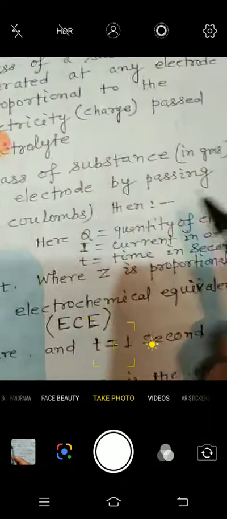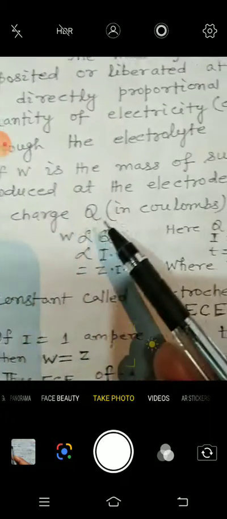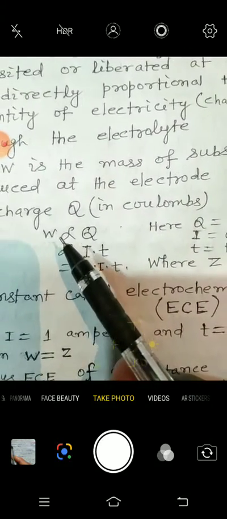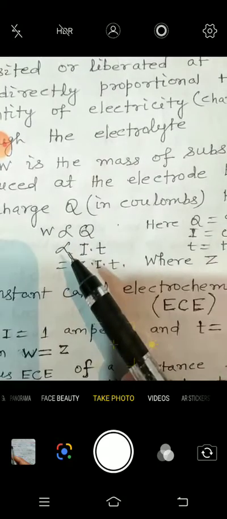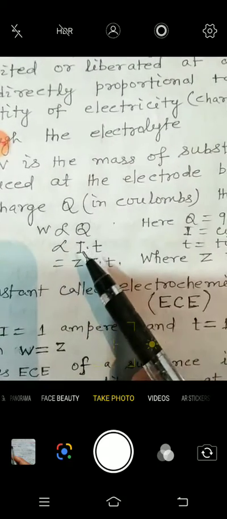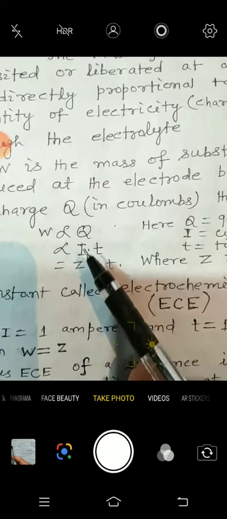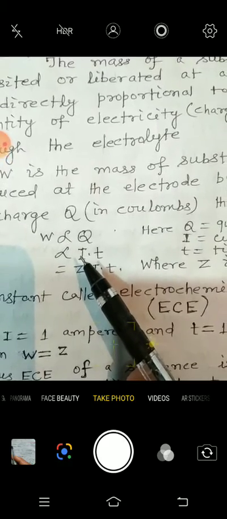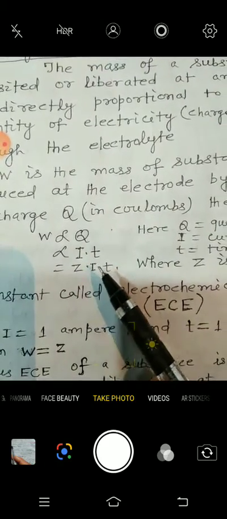If W is the mass of substance in grams produced at the electrode by passing a charge Q in coulombs, then W is proportional to Q, that is W proportional to It, since Q is equal to It, where I is the current in ampere and t is the time in seconds.